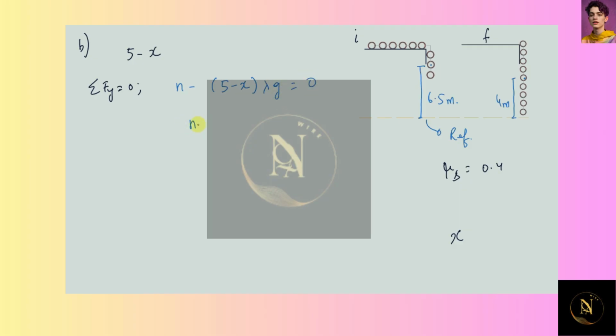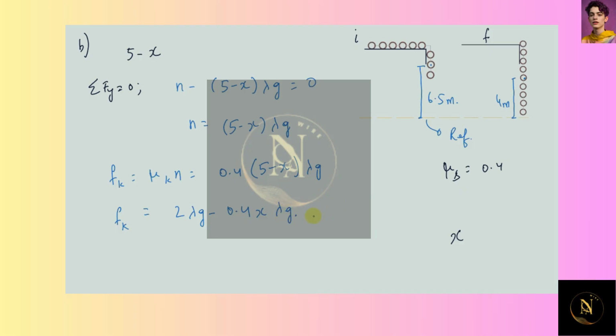So we'll get the value of N as 5 minus x times lambda times g, and fk would be equal to mu k times N. So mu k we are given as 0.4 and N we have 5 minus x times lambda into g. So from here we'll get the kinetic friction Fk as 2 lambda g minus 0.4 x lambda g.